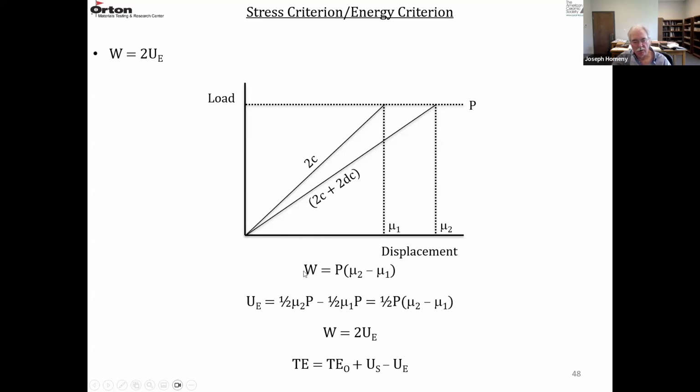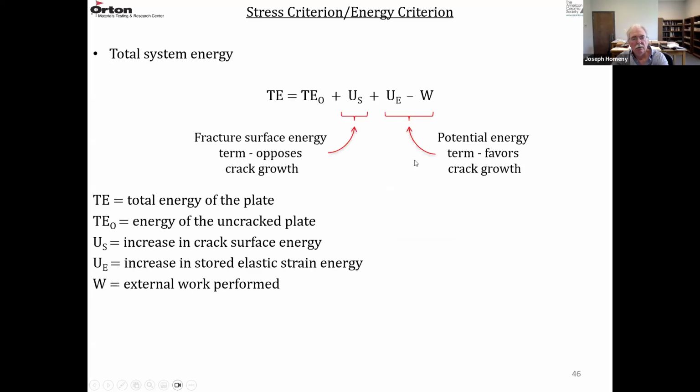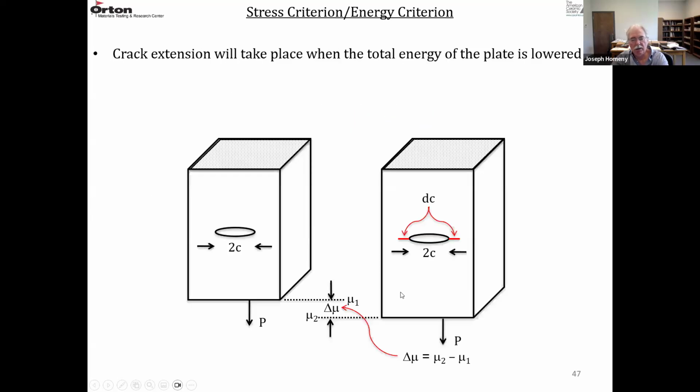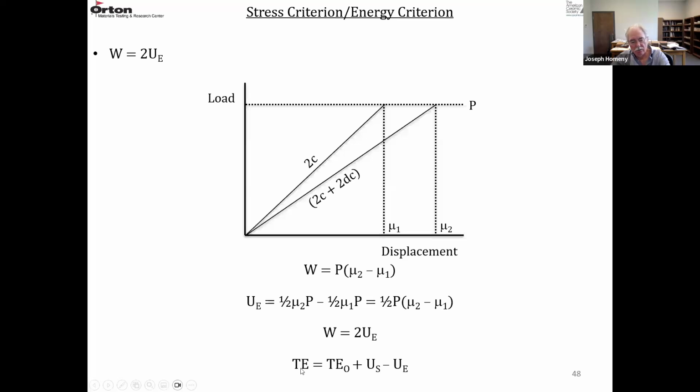So if you look at this equation and this equation, UE is 1/2 of W, so W equals 2 UE. So we can put W into this equation in terms of UE. So we simplify the equation. The total energy equals the initial total energy plus US minus UE.